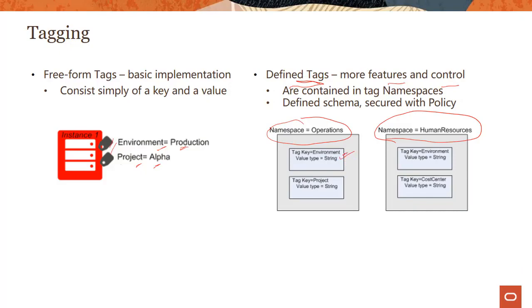So in this case it's environment. You could say what kind of value is supported here. The second tag key is project, you can specify a value, and so on and so forth. The whole idea is when you use defined tags, you have sort of a schema and you can secure them with policy.